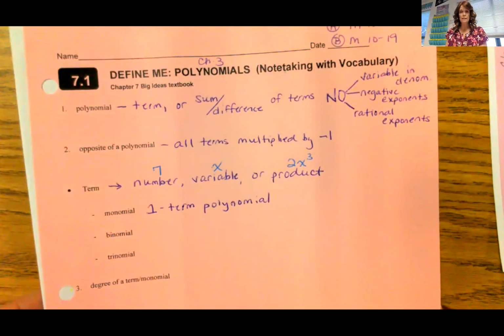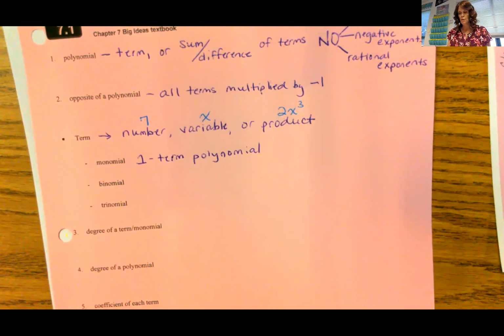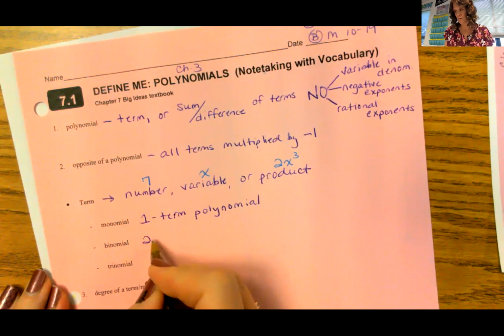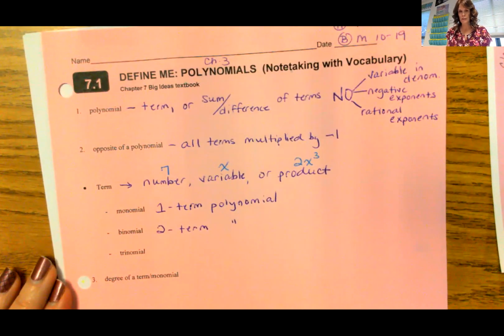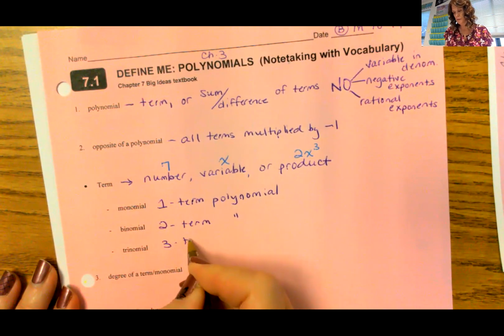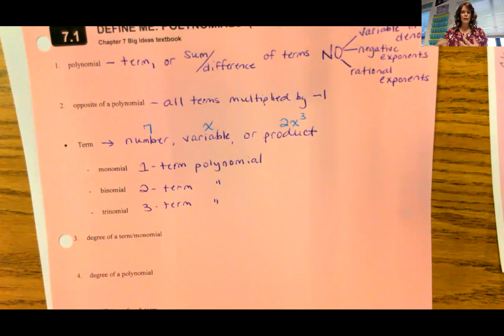Now, poly means many. Okay, nomial means like terms. So mono, 1, bi, 2. I'm just going to do ditto marks, meaning the same as above, and tri, 3. And then once we get past that, if we get to 4, 5, 6, we just start saying a 4-term polynomial, 5-term polynomial.